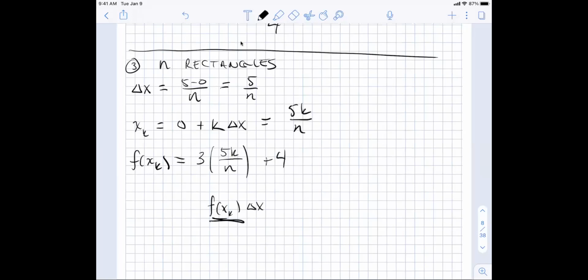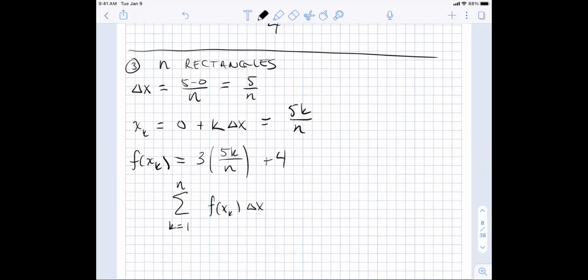The width is fixed for each rectangle, delta x. So I'm taking the sum of all of these. The sum, k is still starting at 1. I still want my first height to be f of x1. So k equals 1 to n of f of xk times delta x.